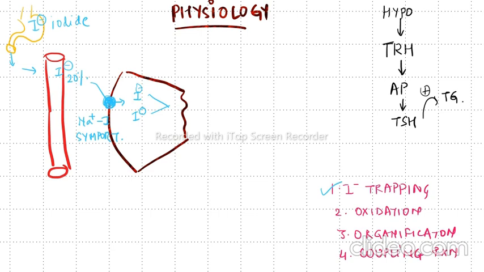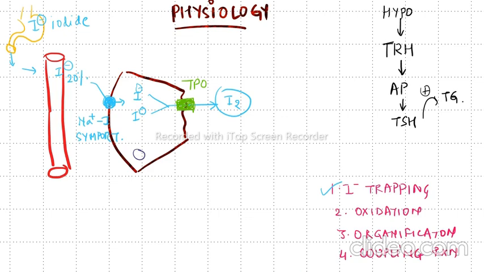Now they will undergo oxidation and will get converted to an iodine molecule. This reaction will happen with the help of one enzyme, thyroperoxidase, which is present on the luminal membrane of the thyroid.